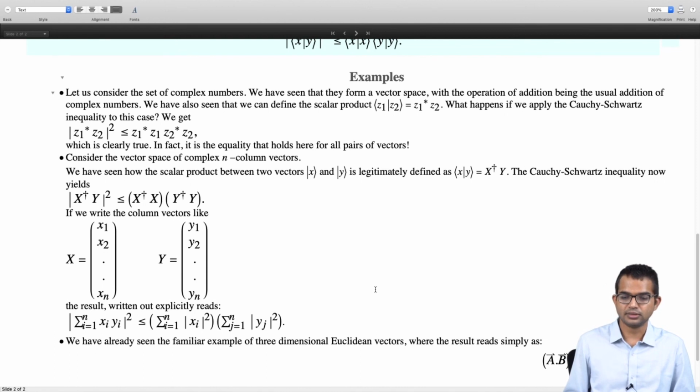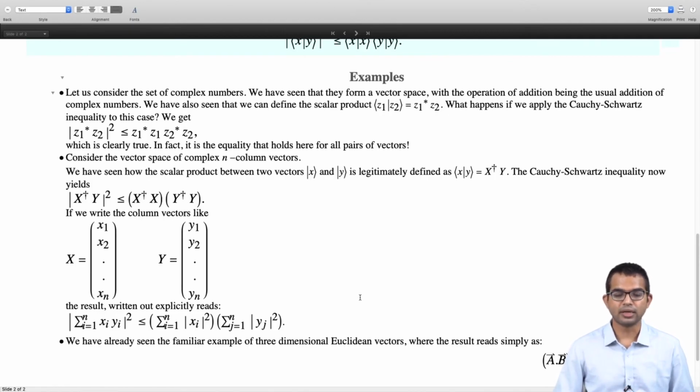It doesn't seem like a big deal, but the point is that this has the power of application in a much more general context. In fact, one can combine these ideas. Cos squared of theta less than or equal to 1 is seen to be equivalent to the Cauchy-Schwarz inequality, and so you can use this as a way to define a cos theta between any two vectors in an abstract vector space, right?